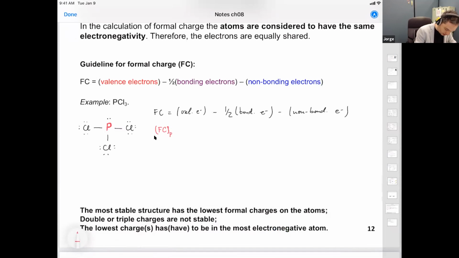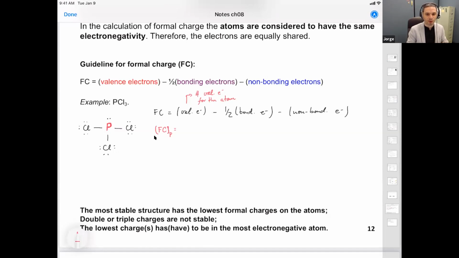Okay, so let's determine the formal charge for phosphorus. Valence electrons means the number of valence electrons for the atom. How many valence electrons does phosphorus have?